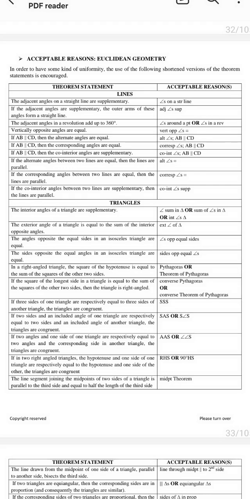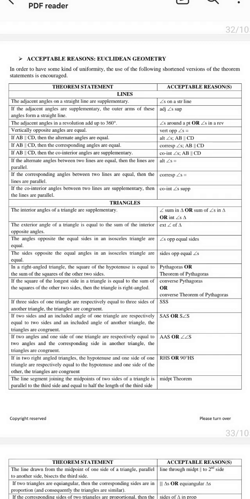Not all lines are straight, guys. In order for us to prove that the outer arms form a straight line, it is important to prove that the angles next to each other are supplementary. If they are, then the outer arms form a straight line.